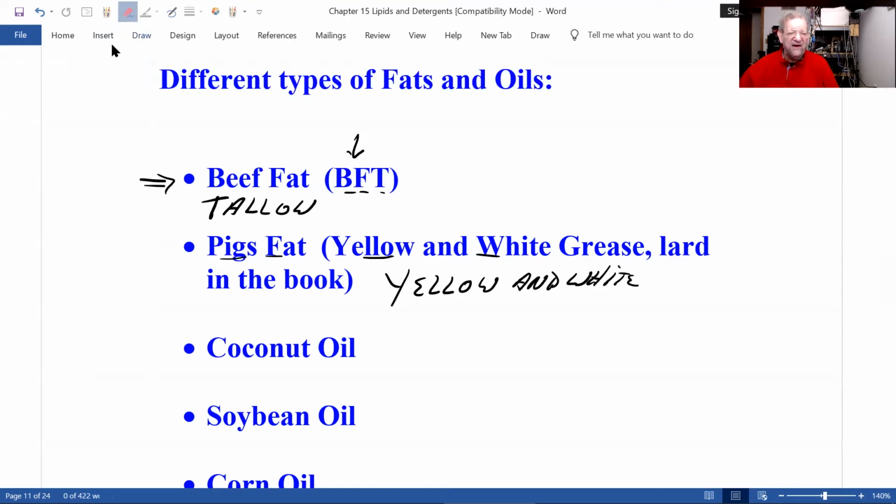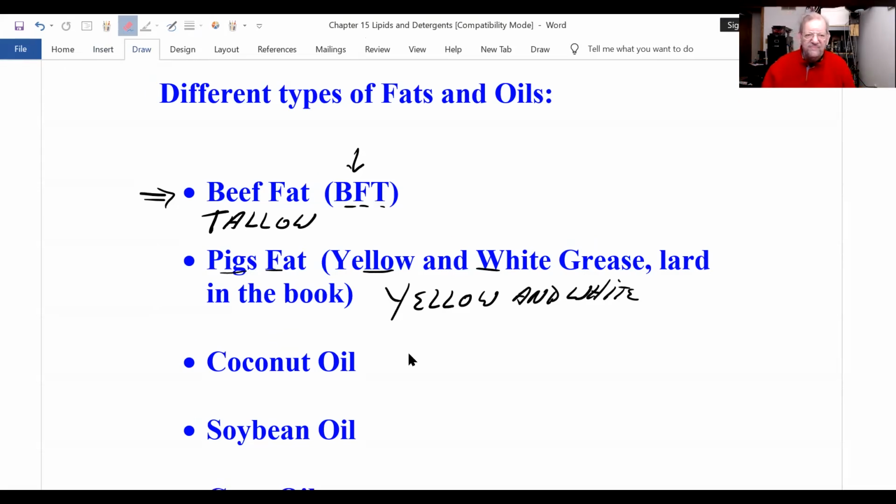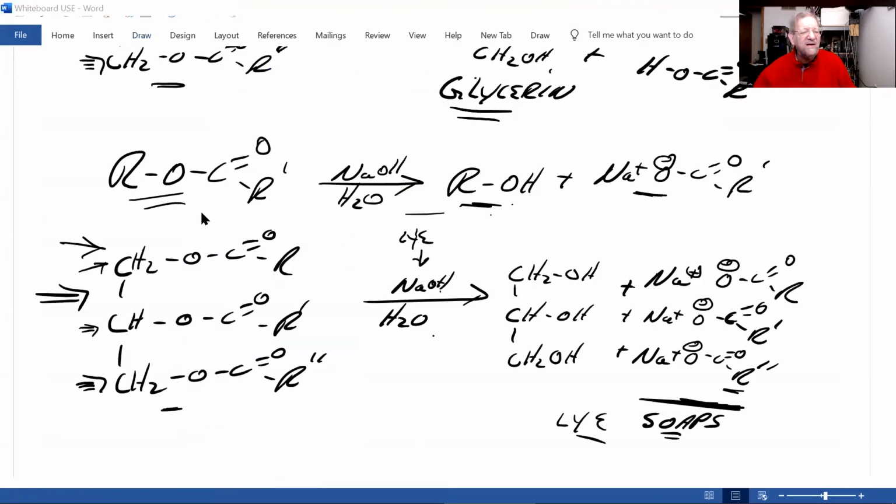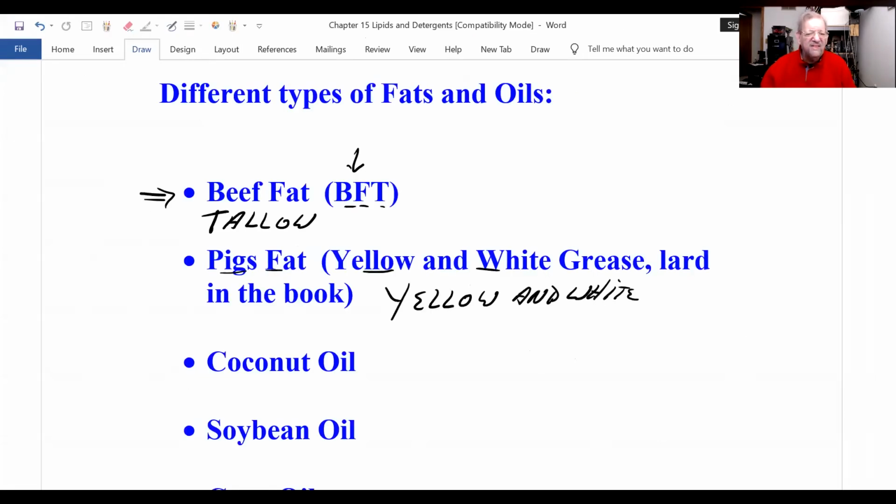The difference, white grease is a little more expensive because it has a little less yellow color to it. All right, what just happened? See if I got my whiteboard back. Oh, come on. Say Friday the 13th yet?